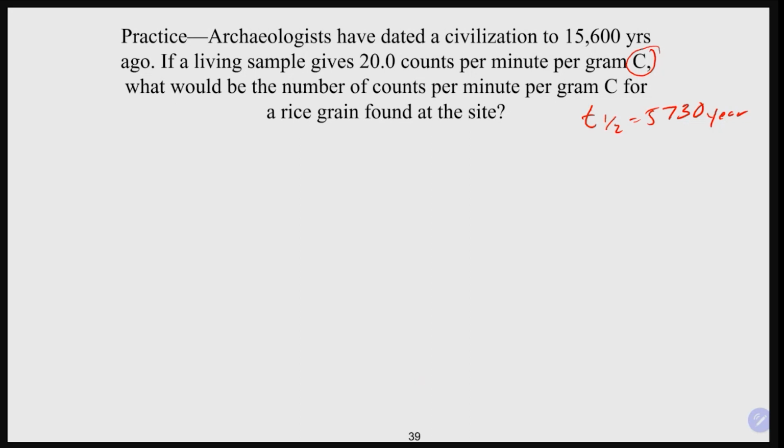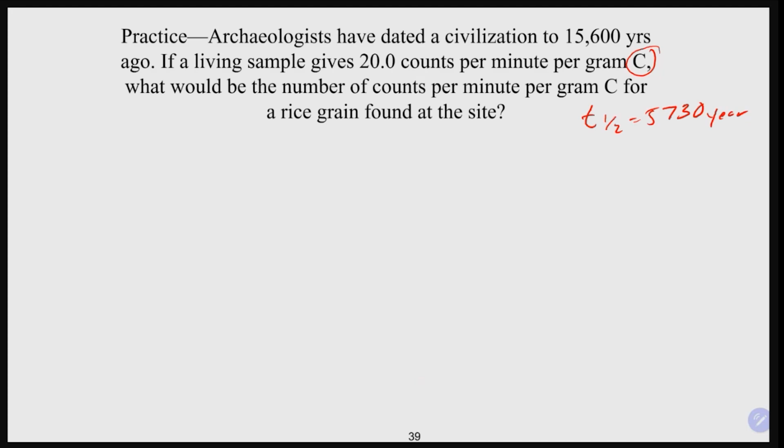We want to know what kind of counts per minute our radioactive decay is going to give. So in this case, we are going to use our kinetics equation here. And since we've had to use it for the other ones, I anticipate we probably will still use the half-life equation as well.